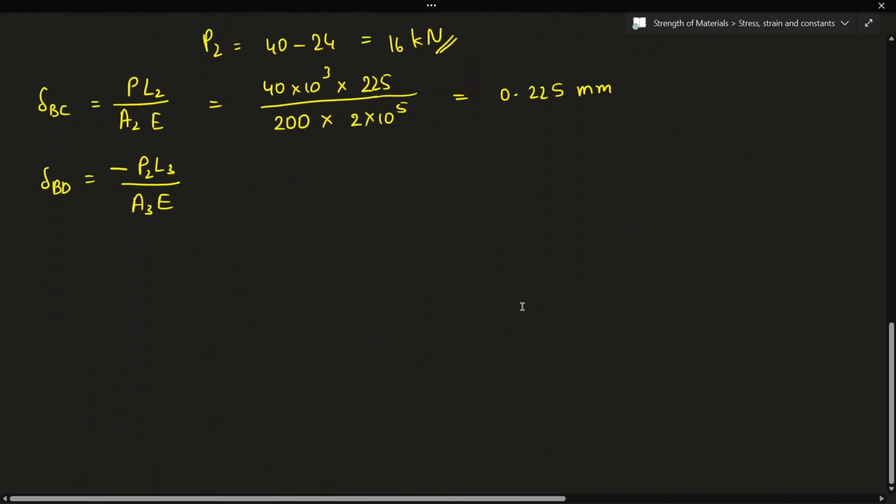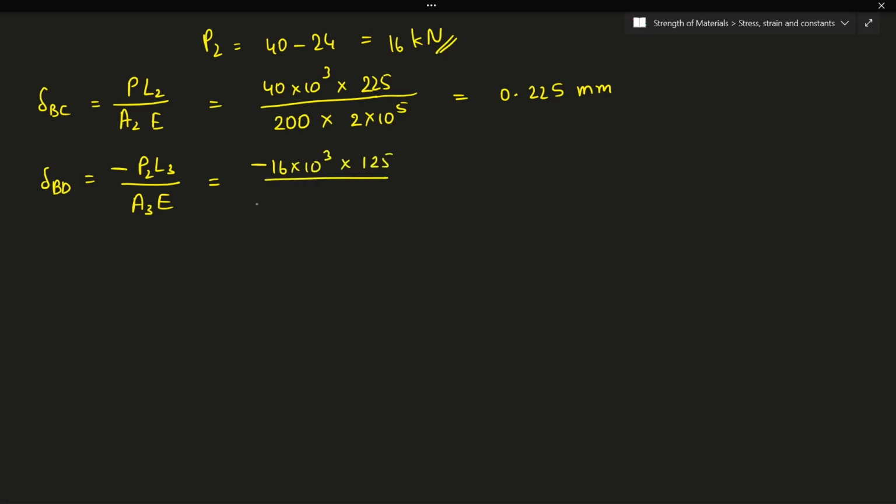Upon substitution, I'll be having minus 16 into 10 to the power of 3 into 125 divided by 320 into 2 into 10 to the power of 5, which is nothing but minus 0.03125 mm.